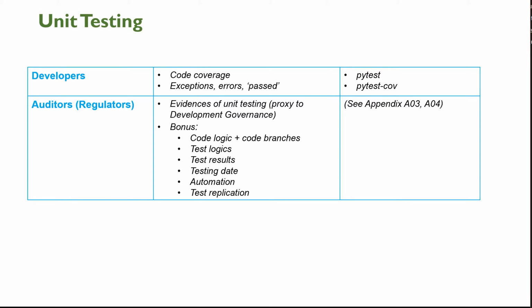It's basically because these tools, and I use here PyTest and PyTest coverage, provide out of the box a lot of artifacts that auditors can use and that help them understand the code, the application, without having to go and ask us for details.